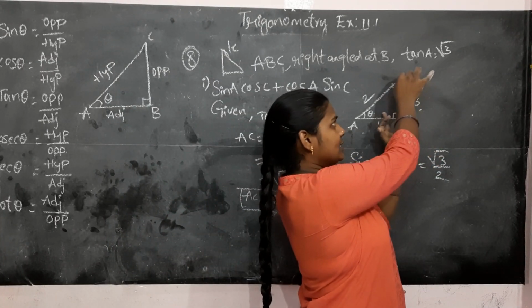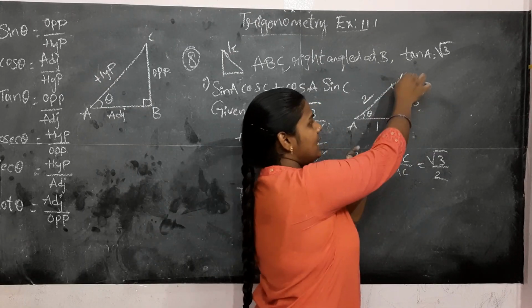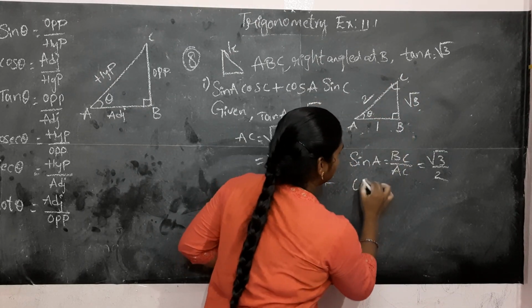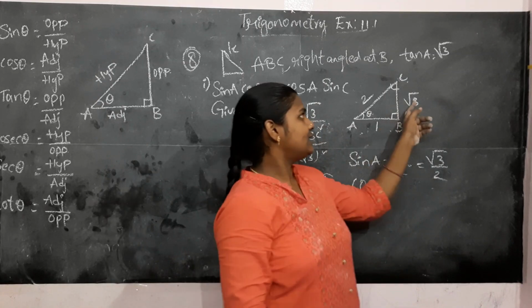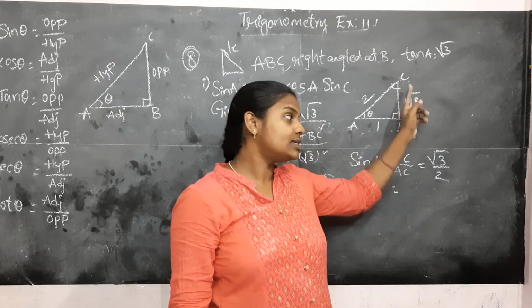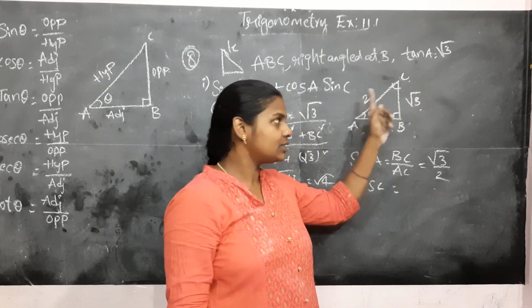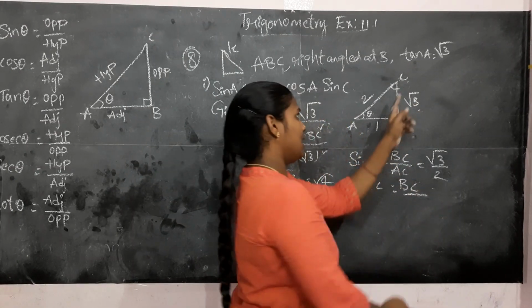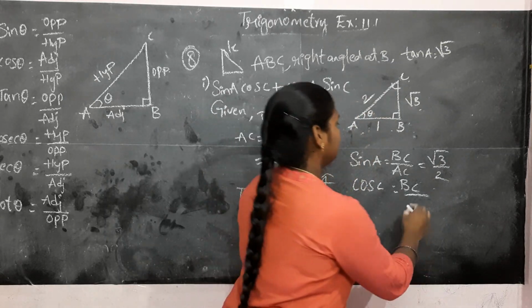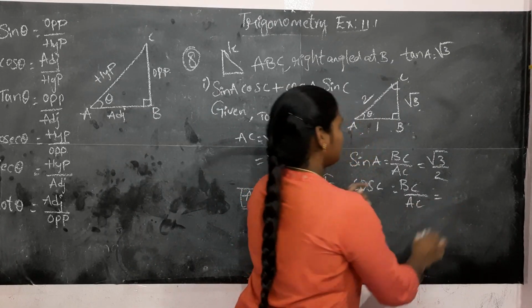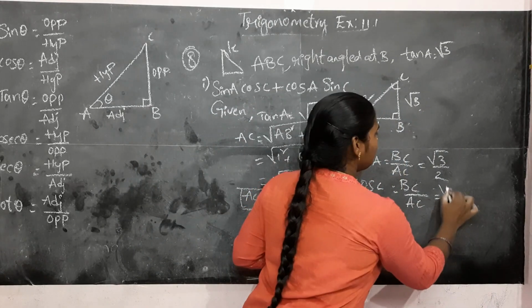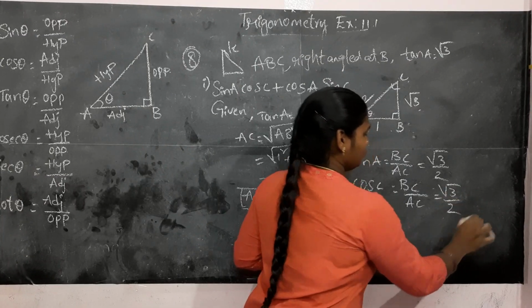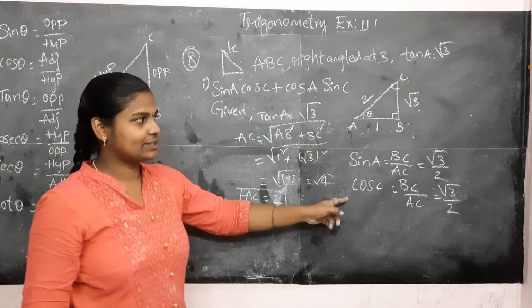So for cos C, what is opposite to C? AB, right? And adjacent is BC. Cos is adjacent by hypotenuse. Adjacent is BC, and hypotenuse is AC. So that is also root 3 by 2. Sin A is the same as cos C.